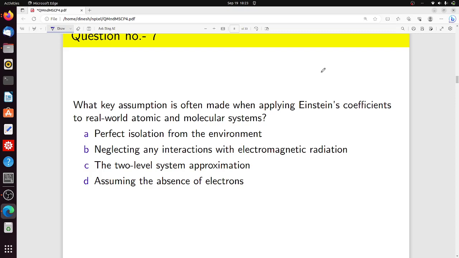Sir, option C, sir. Yes, right. Normally when we consider the Einstein coefficient, we consider absorption or emission between two states, right? So C. Good.